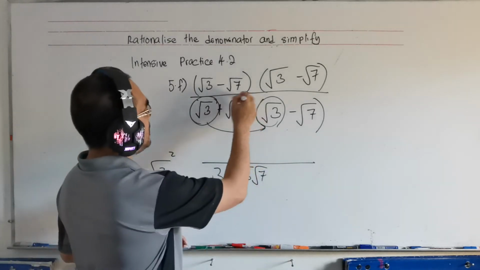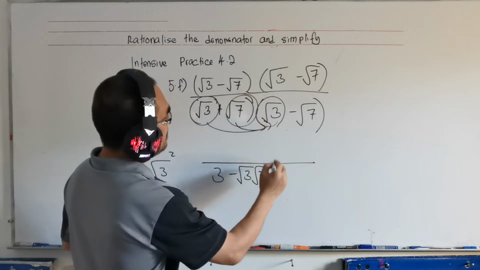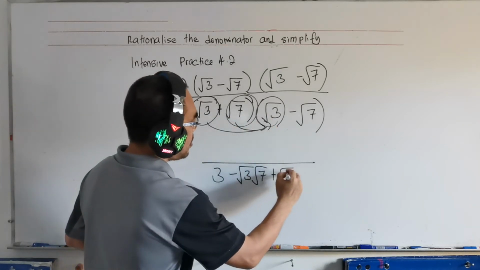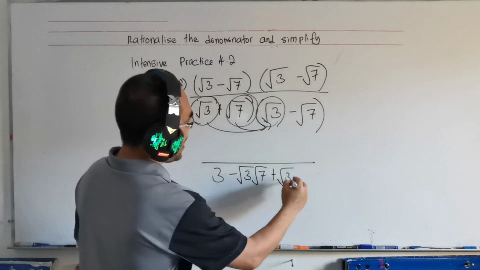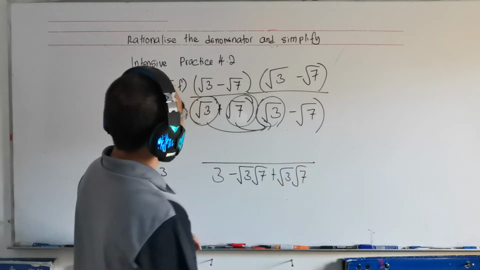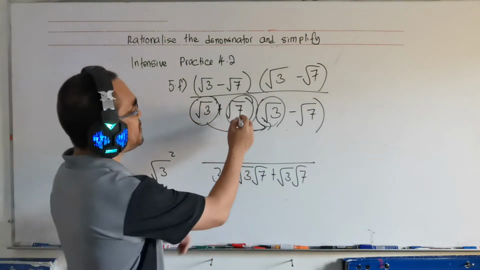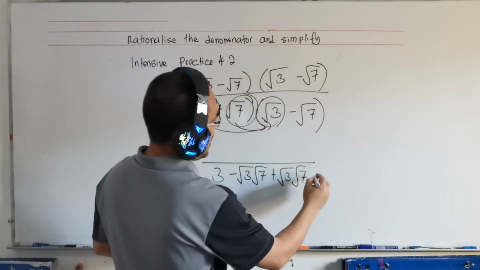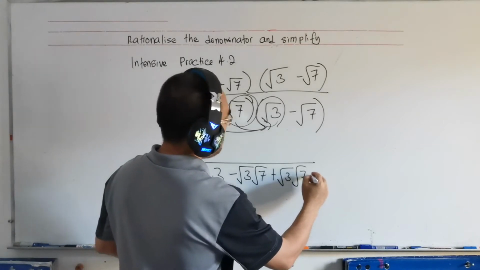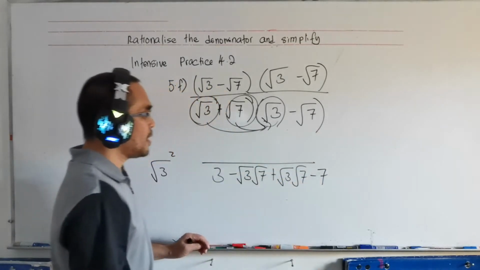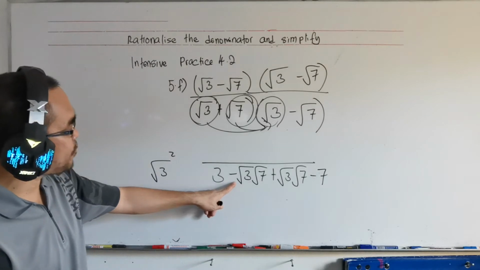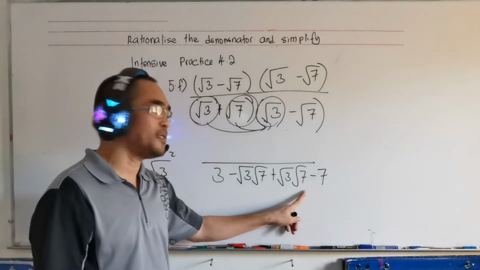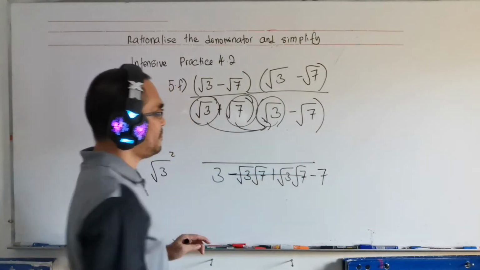And then you multiply here, because this is positive, you have plus square root of 3 times square root of 7. Now you multiply square root of 7 times square root of 7, but this is positive times negative, so you have minus 7. This negative square root of 3 times square root of 7 and plus square root of 3 times square root of 7 will eliminate each other.